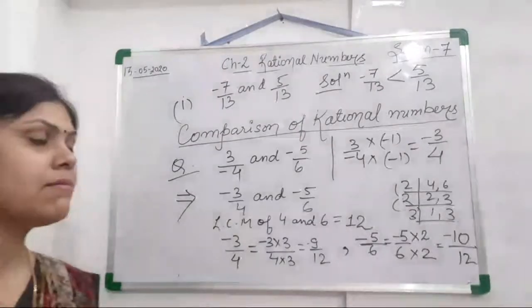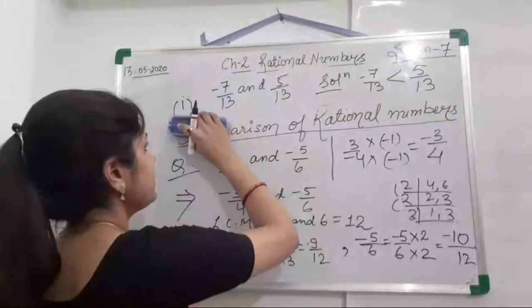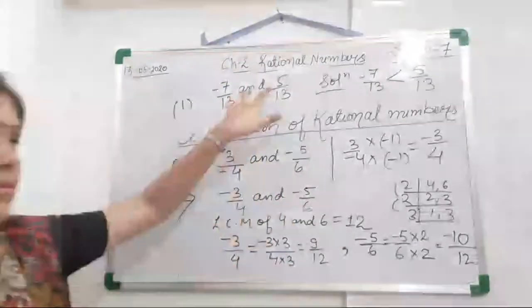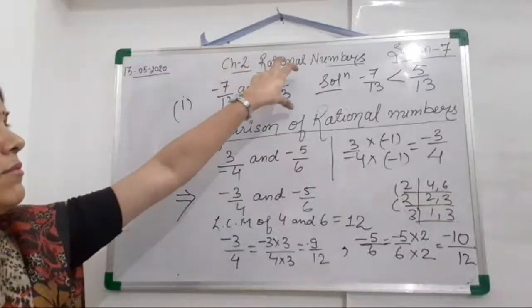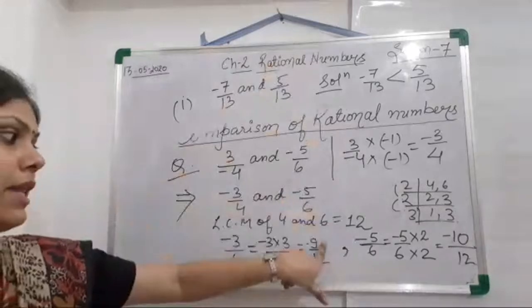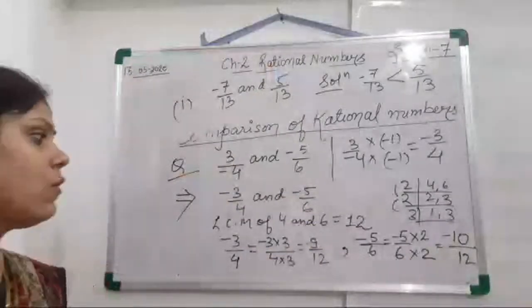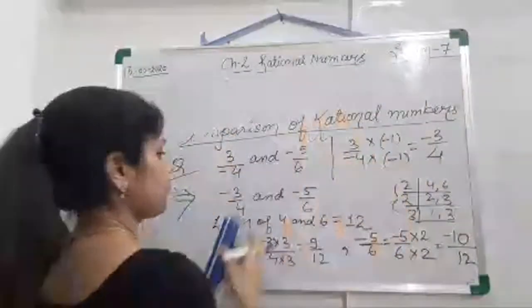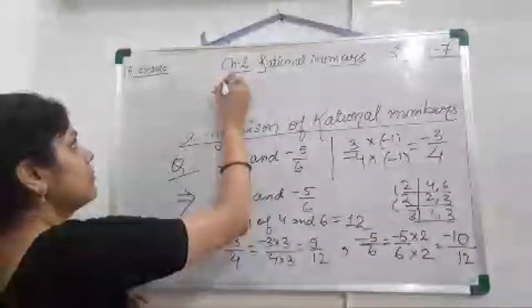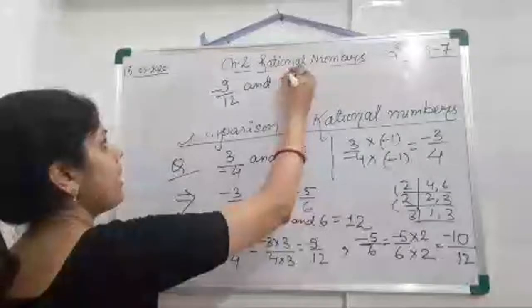So which number is greater here? Now you have the same denominator. After solving, you got the same type of question: minus 9 upon 12 and minus 10 upon 12.